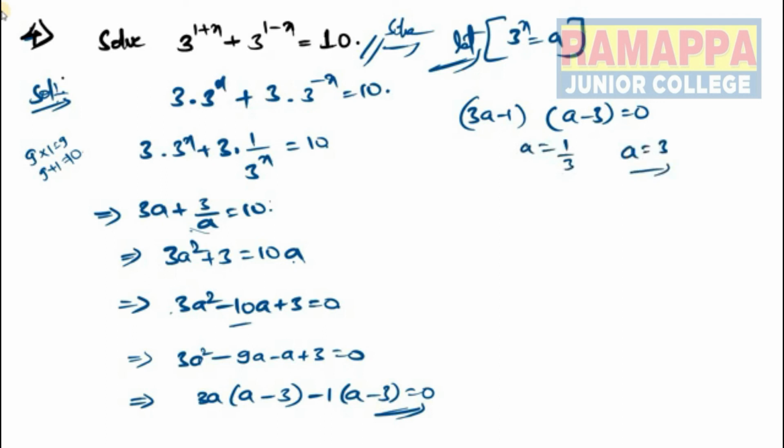So here what we got, we took a value as 3 power of x. So here 3 power of x is equal to 3. If we think like this, from this one the power x is equal to 1. So bases are equal, powers are also equal, so x is equal to 1 here.